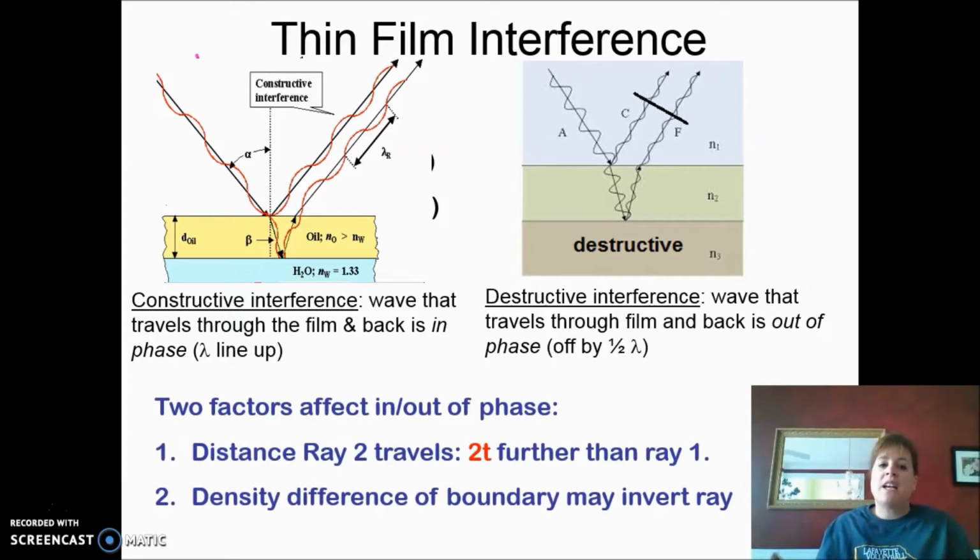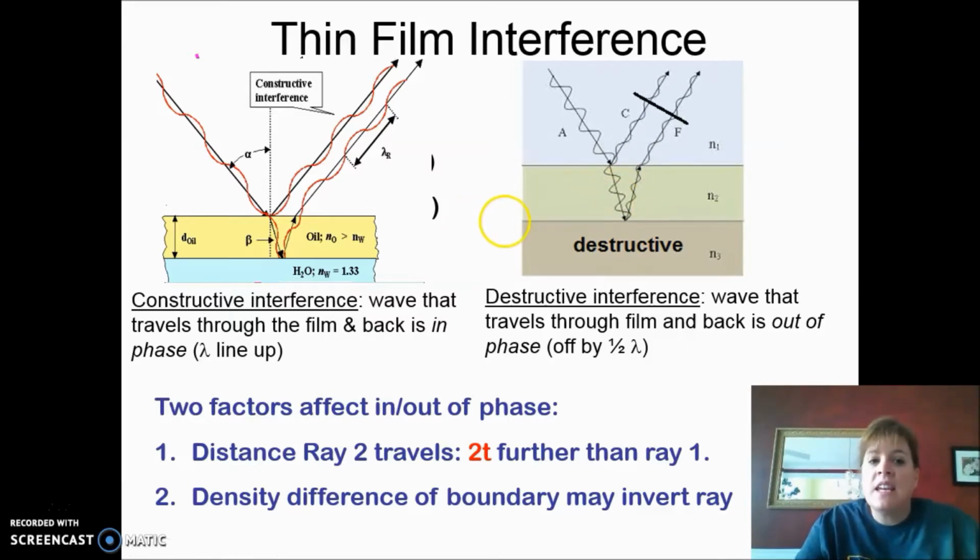Now the things that affect this, being in and out of phase, is one, ray 2, my second ray, has to travel farther. It has to travel through the thickness of the film and back. So we say that it travels 2T. 1T, 2T. So it travels farther than ray 1. So that thickness is important.